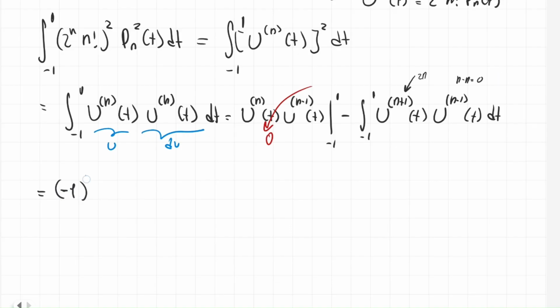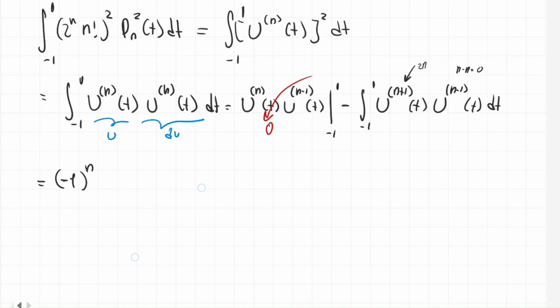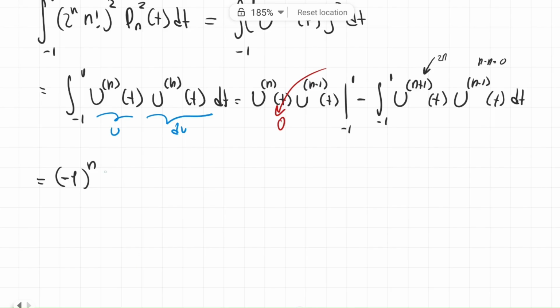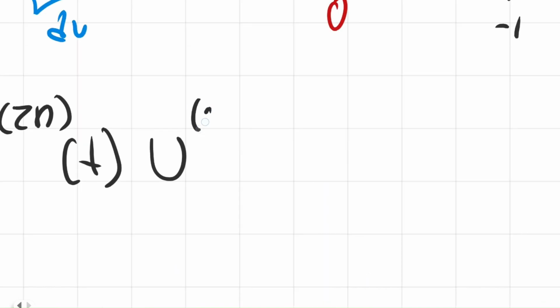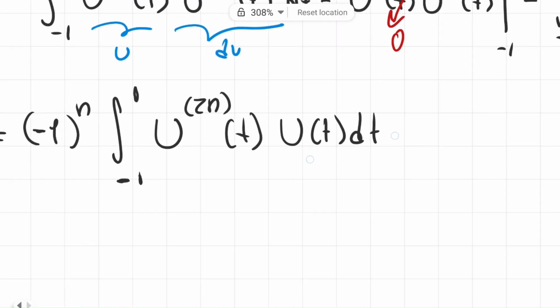Okay, perfect. So this will be equal to minus 1 to the n, okay? And then it will be the integral from minus 1 to 1 of u to the 2n of t, and then u, it will be right here the zero derivative, right? But you know that the zero derivative is just the regular function. So we will have only u of t dt.